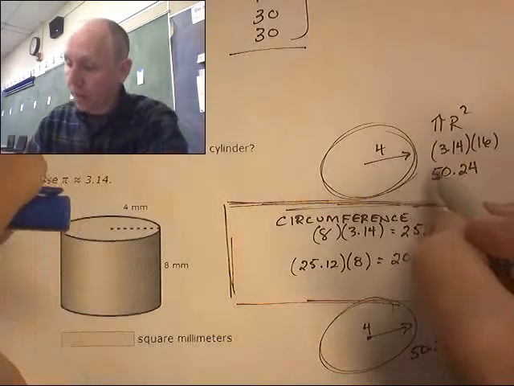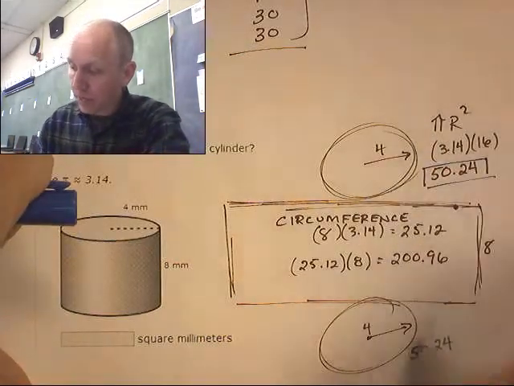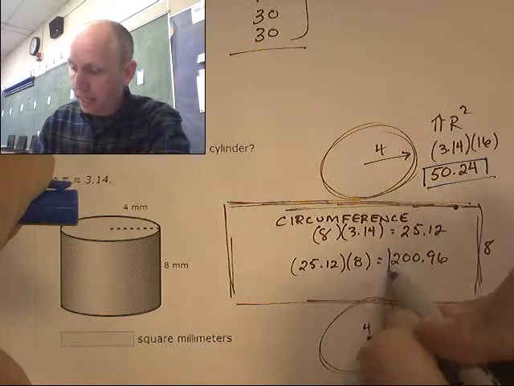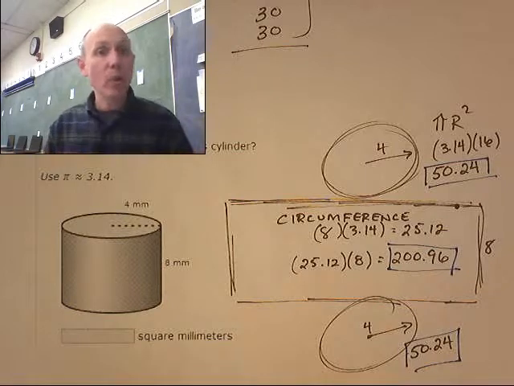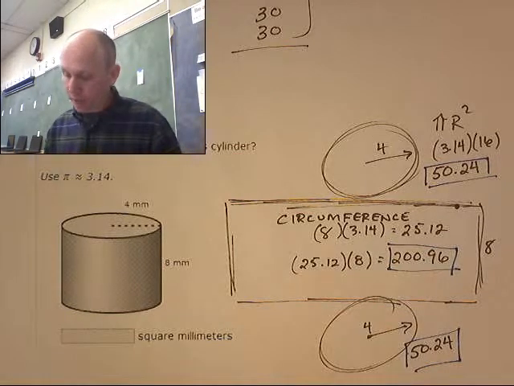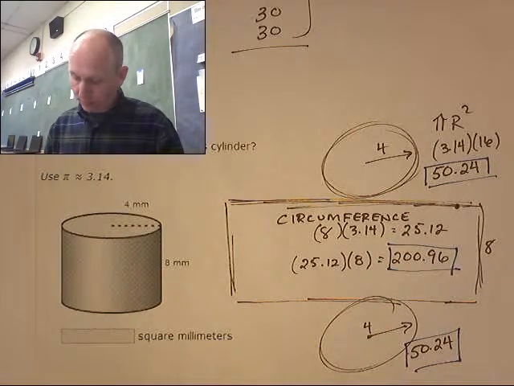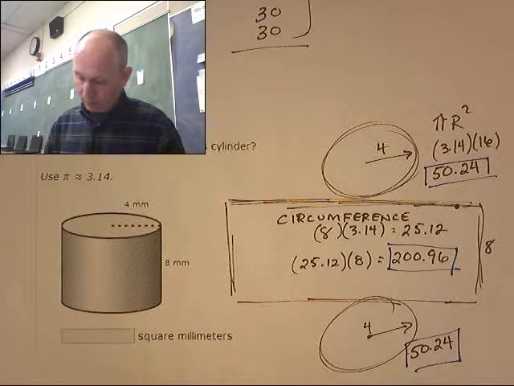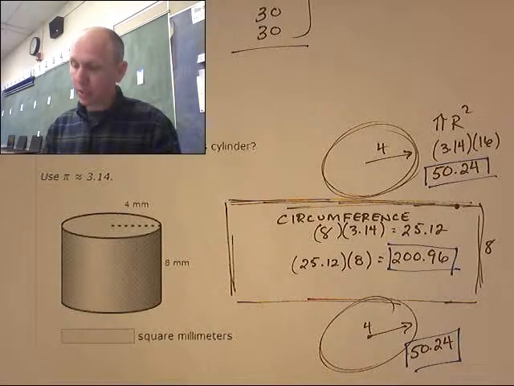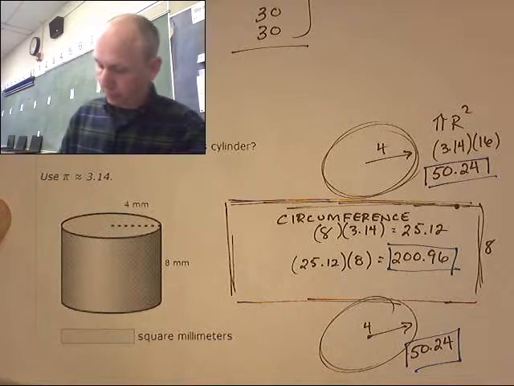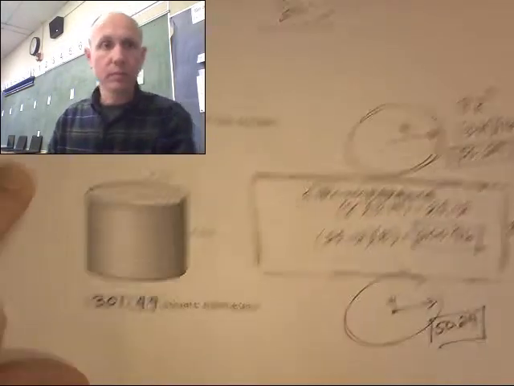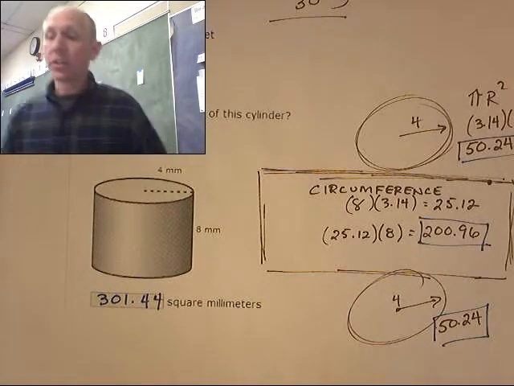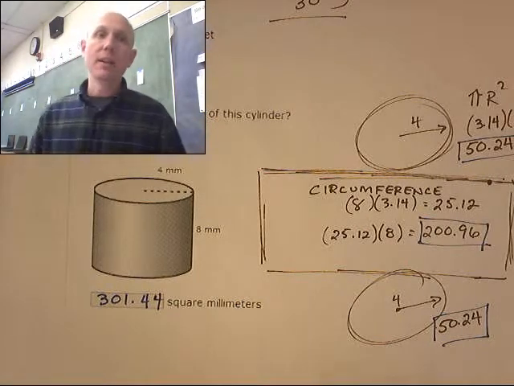I have the area of the top circle, the area of the bottom circle, and the area of the side. I add up all those areas and I get my total surface area. Let's add all of those up. That gives me 301. There we go. So that's how you do the surface area of a cylinder.